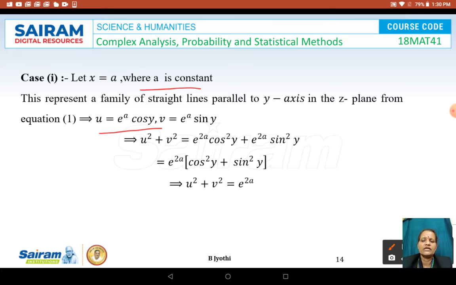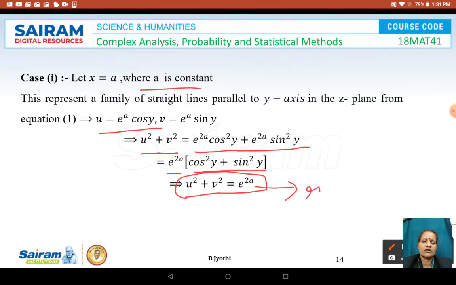When we square it on either side and then add them, we get u square plus v square is equal to e power 2a into cos square y plus e power 2a into sin square y. By taking e power 2a outside, cos square y plus sin square y will be 1. So the equation we are getting is nothing but a circle. Here e to the power of 2a, which is a constant, can also be written as r square, with r as the radius.